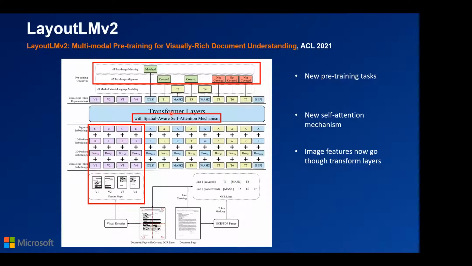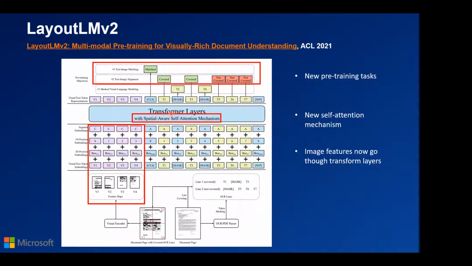And then in terms of the training targets, in addition to the traditional masked visual language modeling used in LayoutLM, we added two loss functions. One is the so-called text image alignment, in which we added a task of masking a few text lines in the image and using the model to predict whether the bounding box is covered in the visual image or uncovered.